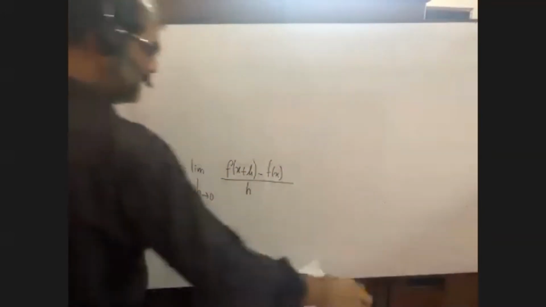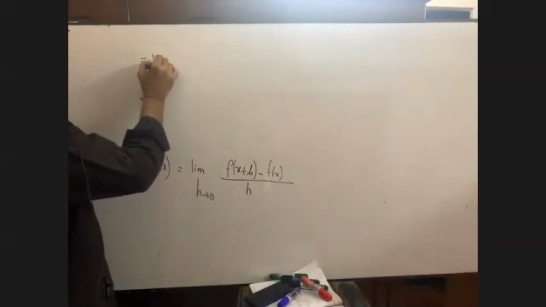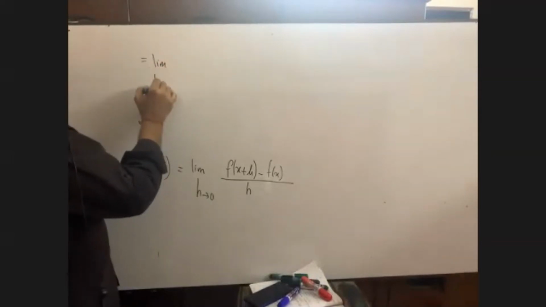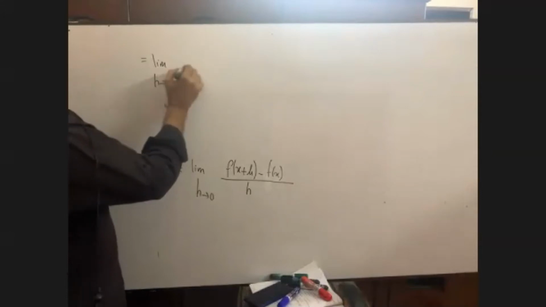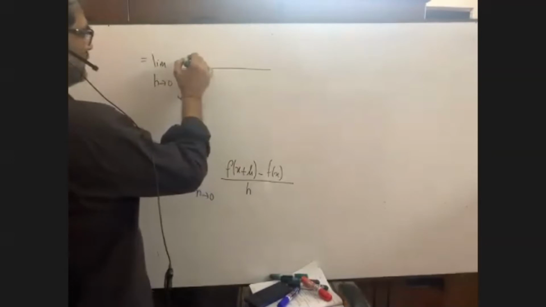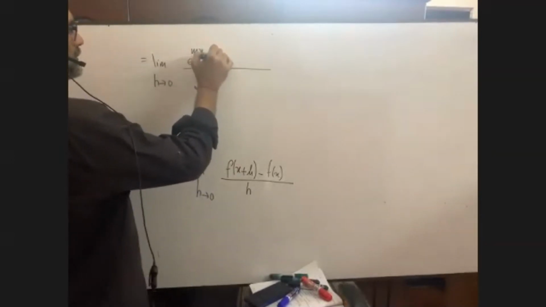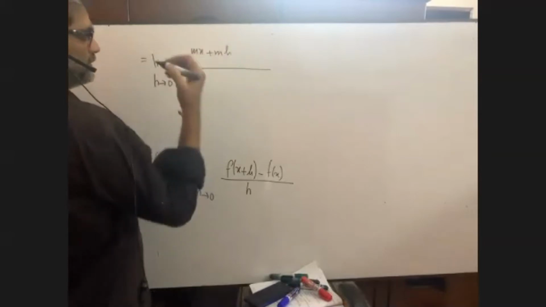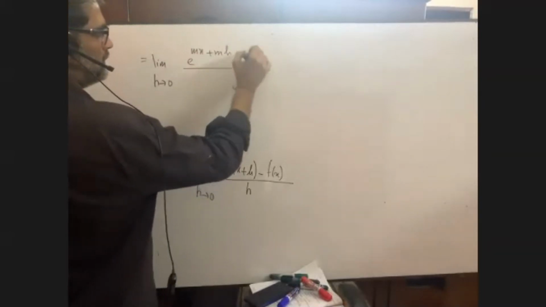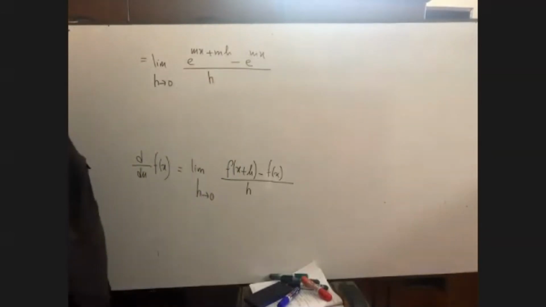Now, let's put the value. Limit h tends to 0. What is the value of f(x plus h)? E to the power mx plus m h.